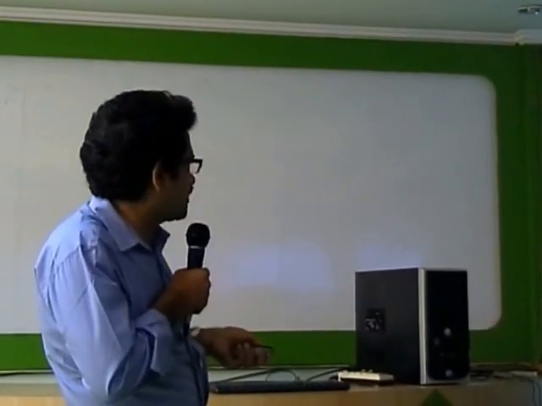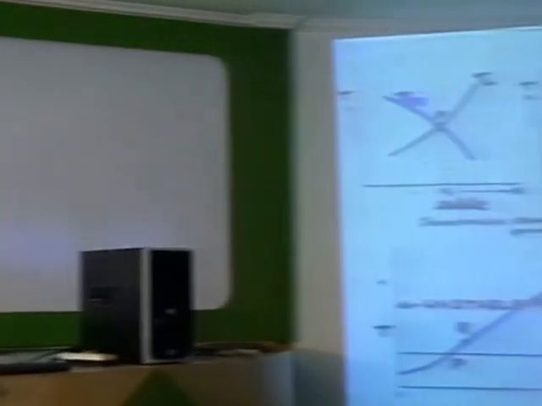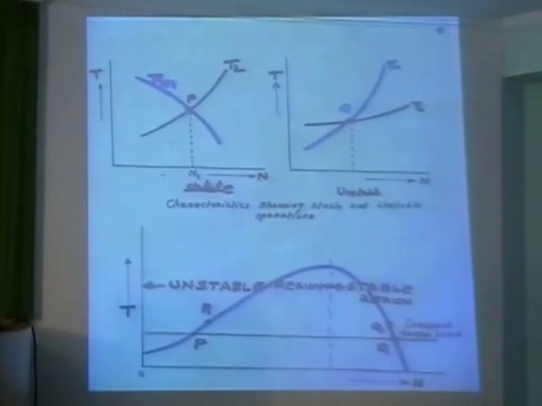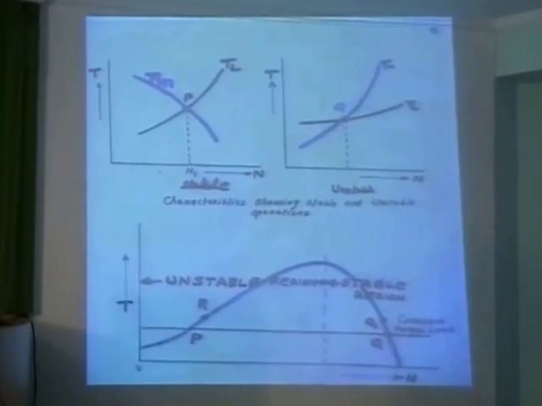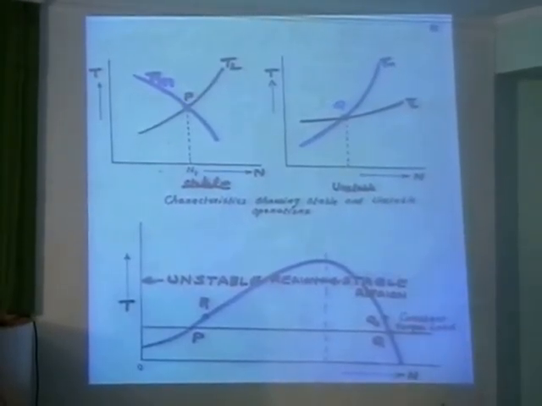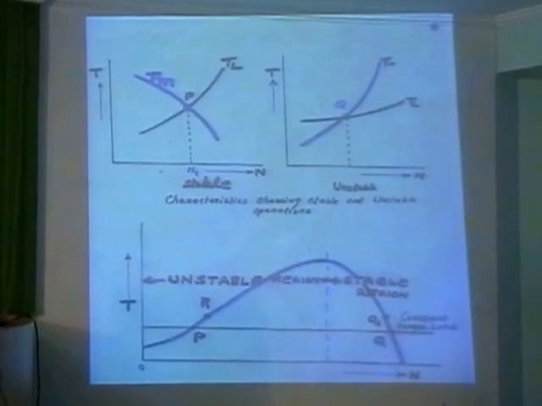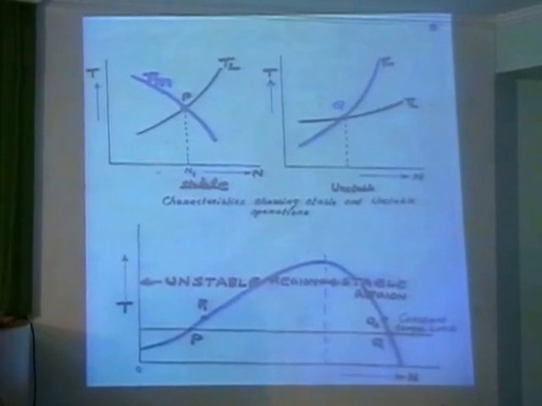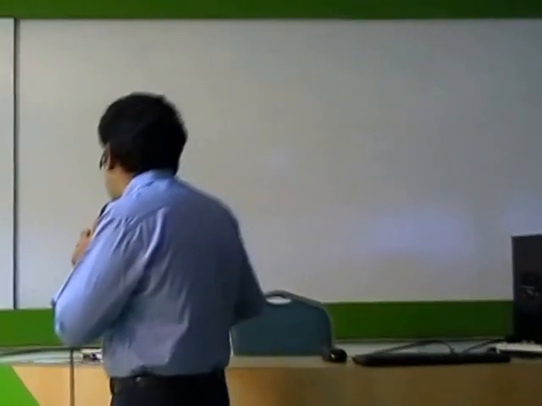So we have to know what is stability and what is instability. You have what is called stable region and unstable region. In control systems, you have studied a very basic example.